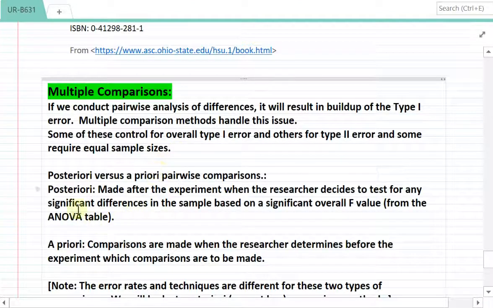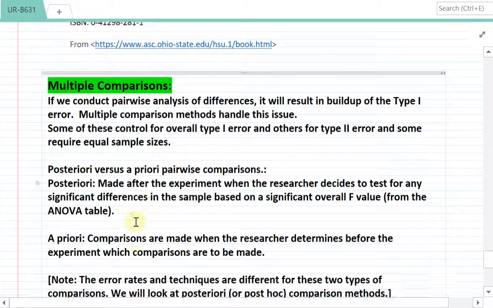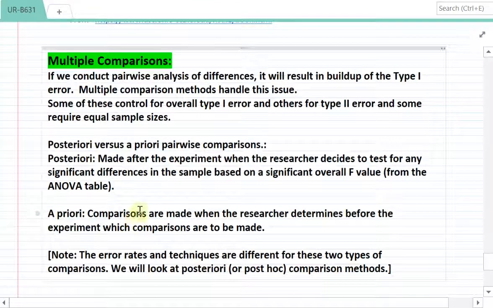Here is another important idea about these pairwise comparisons. We have 2 kinds of comparisons: a posteriori versus a priori. What's the difference?